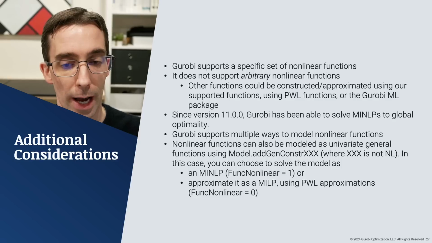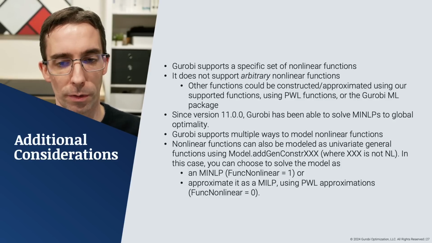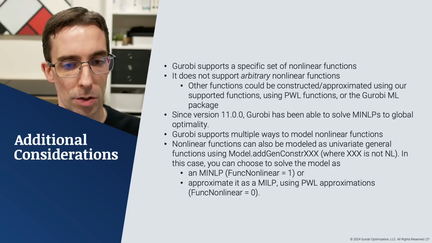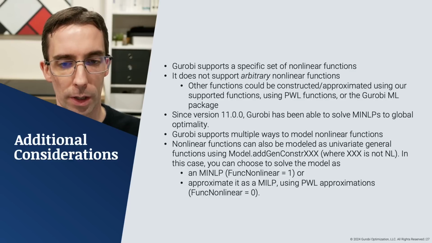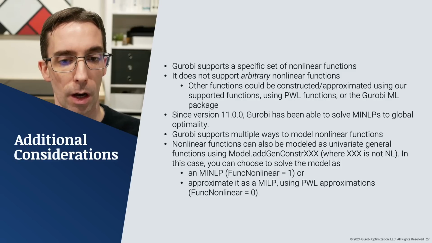In this case, you also have the flexibility to choose if the model is really solved as a mixed integer nonlinear program by controlling this func nonlinear parameter, or whether all of those nonlinear expressions are represented using piecewise linear approximations, which will then solve your model as a mixed integer linear program. So this is something worth considering, and although we will generally recommend to use our newest functionality, there may be reasons why you would want to experiment with the others.